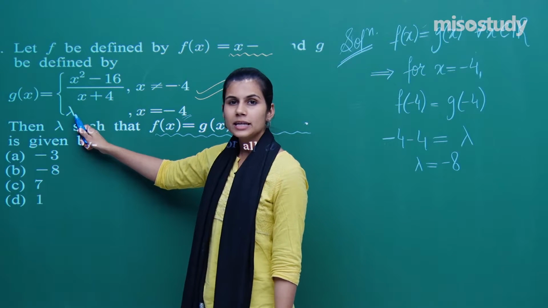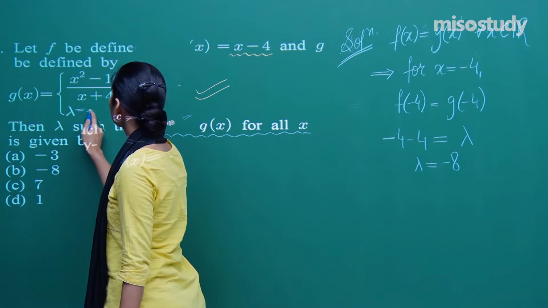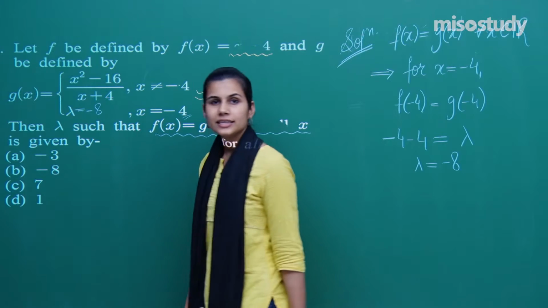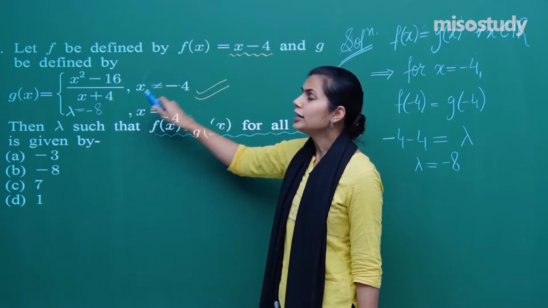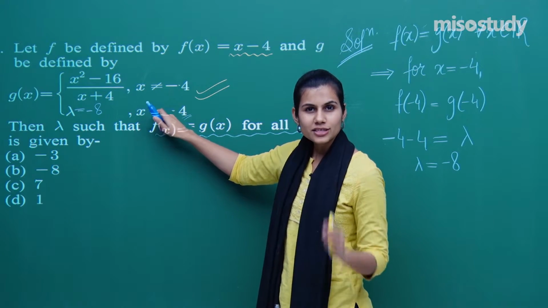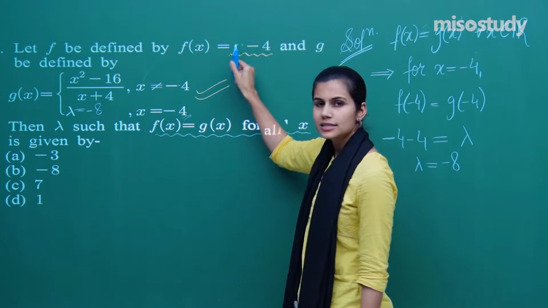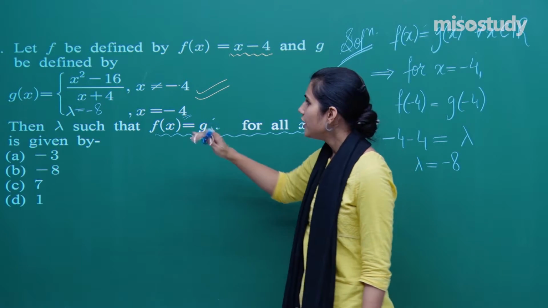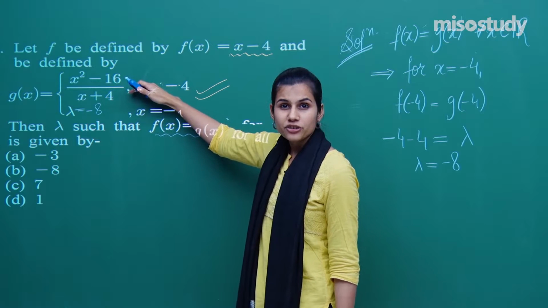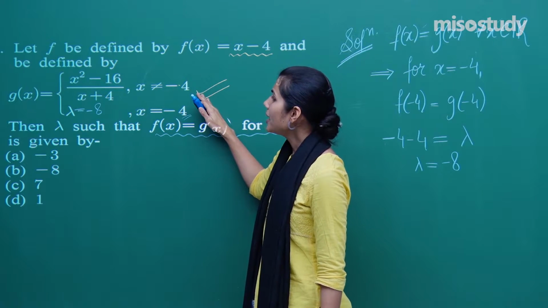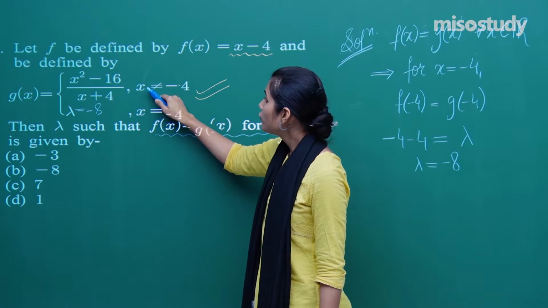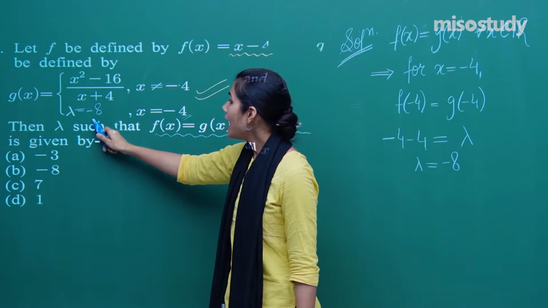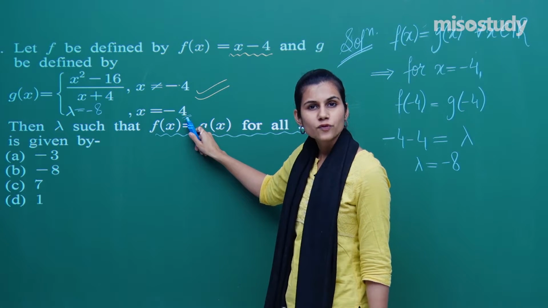Just replace in place of lambda, you replace -8, even the different looking functions f and g. Just understand, f is just this simple expression x minus 4, whereas g is this expression which is x square minus 16 upon x plus 4 for these values of x and -8 for -4.